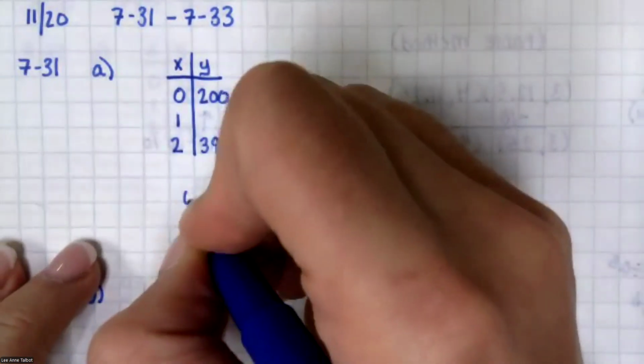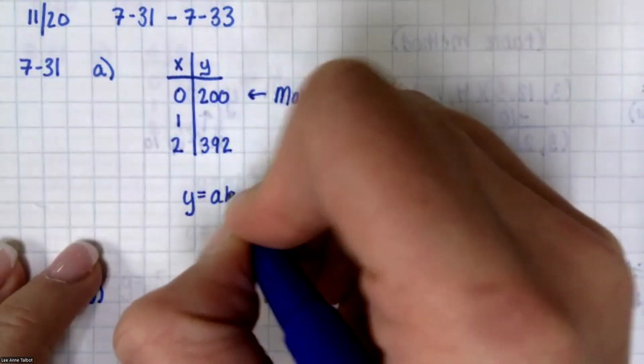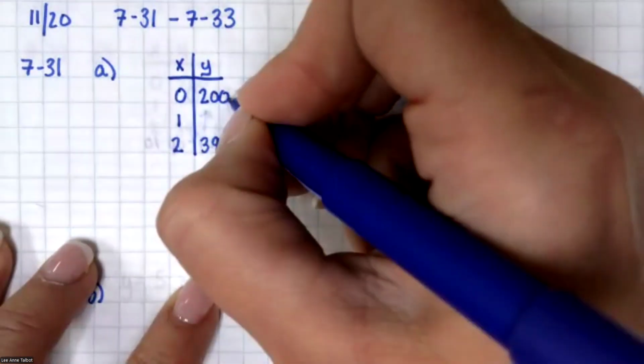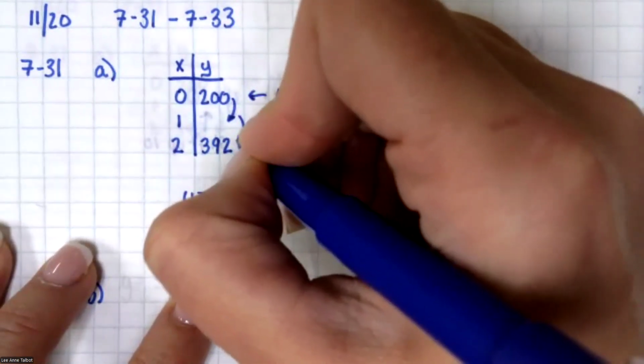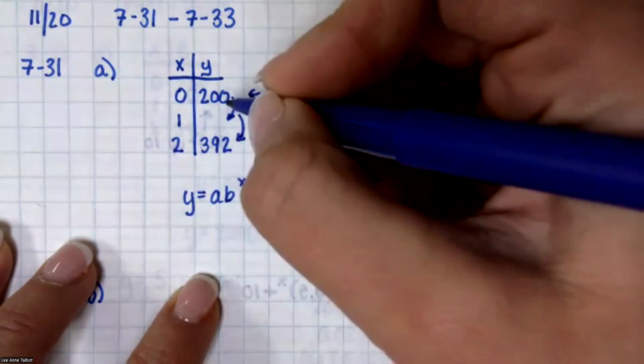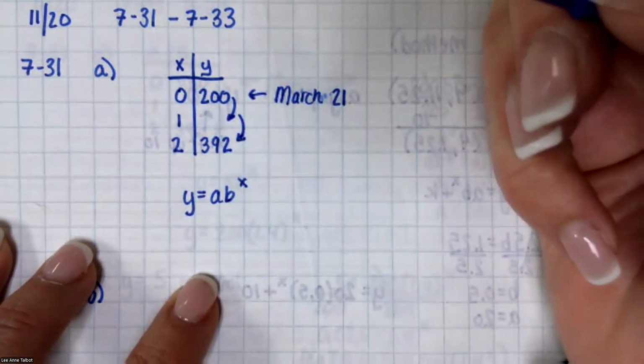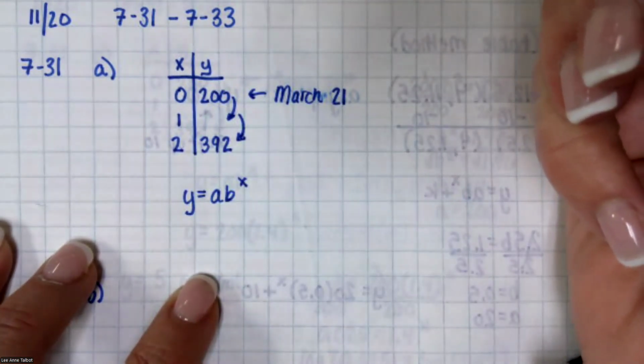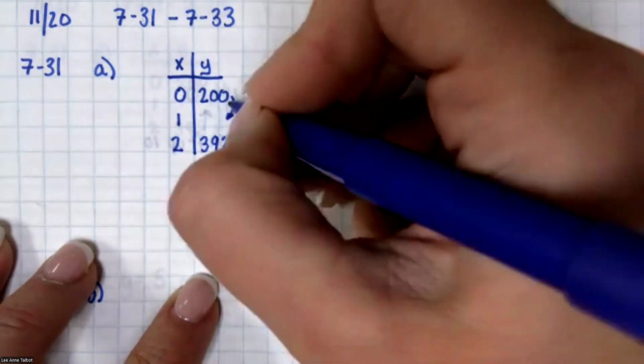It told us that it was y equals a b to the x. So what I need to do is figure out how many b's does it take to get from 200 to 392. How many b's does it take? 2.